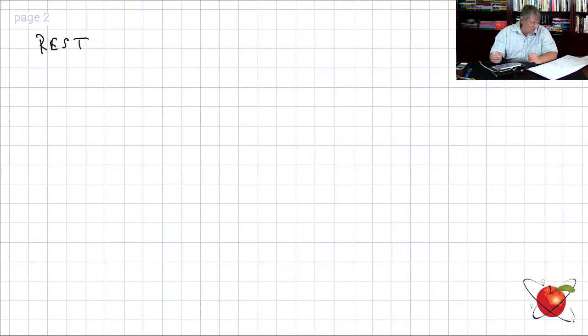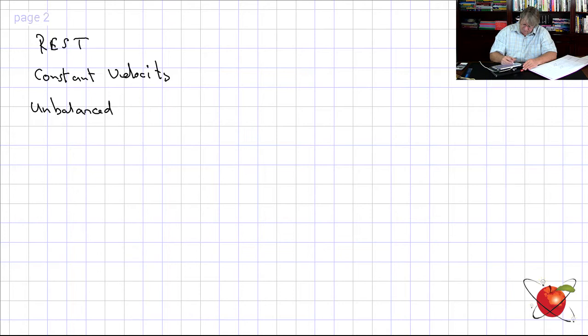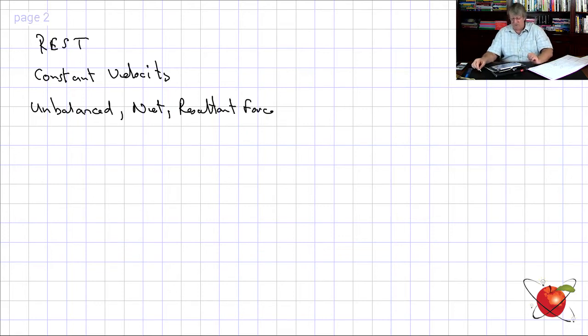It says an object continues in a state of rest or uniform constant velocity, unless acted upon by an unbalanced net or resultant force. So let's just unpack a couple of terms here. We have a body, an object, that continues in a state of rest, or uniform constant velocity, unless acted upon by an unbalanced net or resultant force.